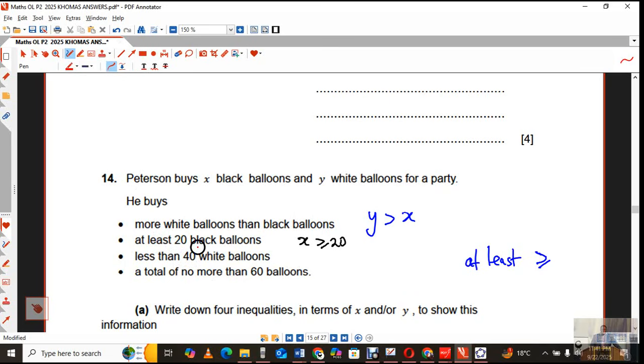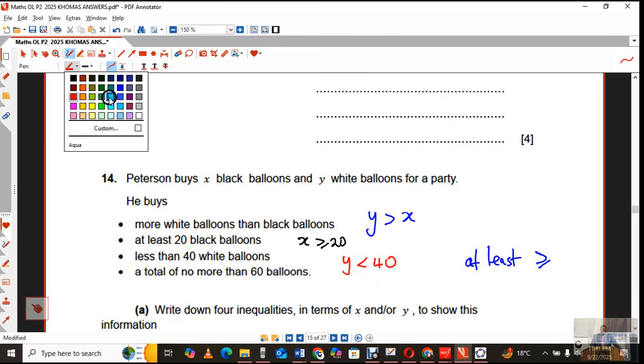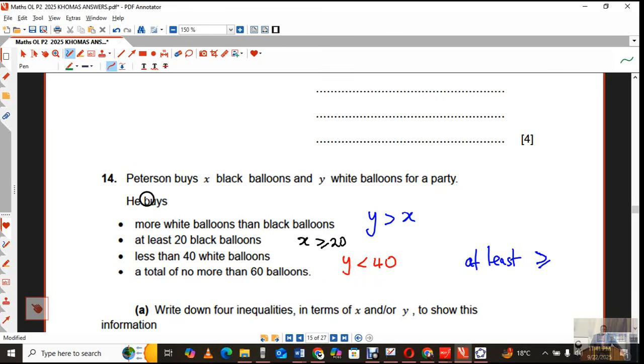So the third bullet point will be less than 40 white balloons. Okay. And the last one, they say a total of not more than 60 balloons. Not more than means less than or equal to. So that means the X plus the Y should be less than or equal to 60.